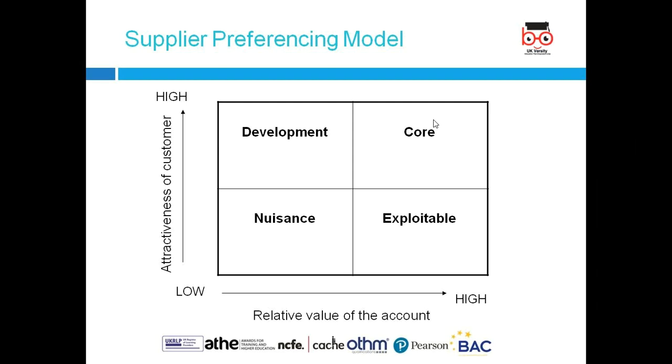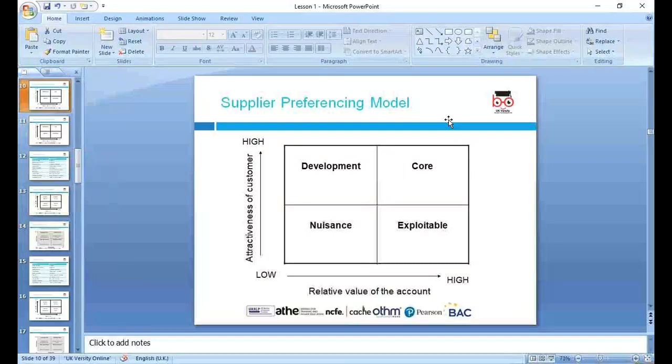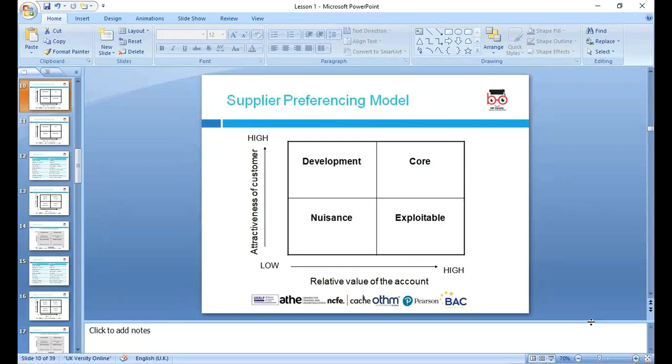So in this preference model, on what basis will we prefer or choose the suppliers? Yes, so we can look at the relative value of accounts, whether it's high or low. All this we can focus on and we can use this model as well.